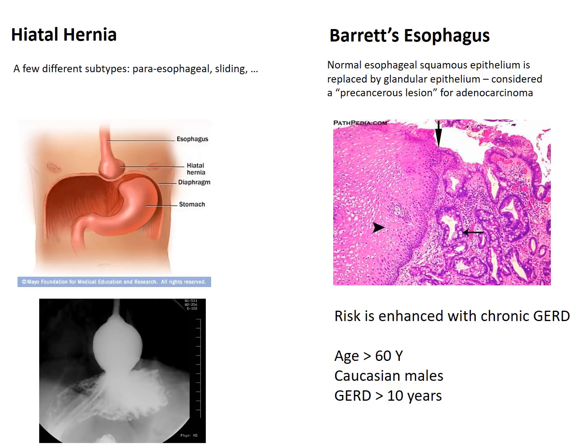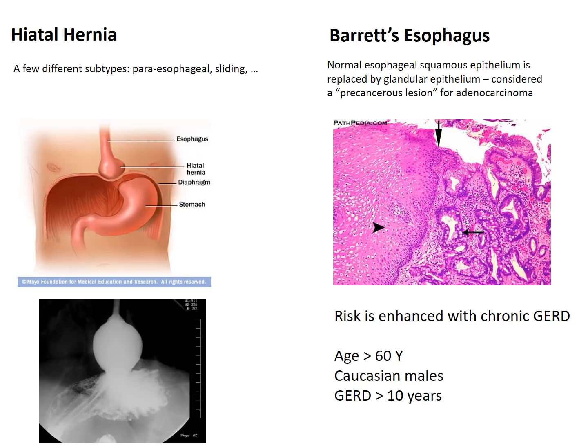Long-term gastroesophageal reflux can lead to replacing of the esophageal squamous cells by stomach glandular cells. When that occurs, it's referred to as Barrett's esophagus. This is a pre-malignant condition for glandular cancer of the esophagus, or adenocarcinoma of the esophagus.